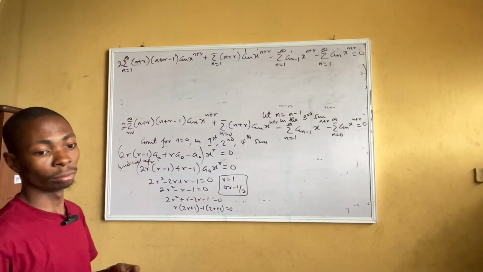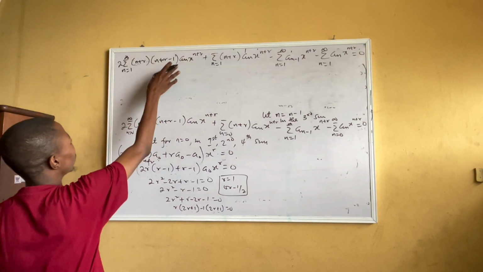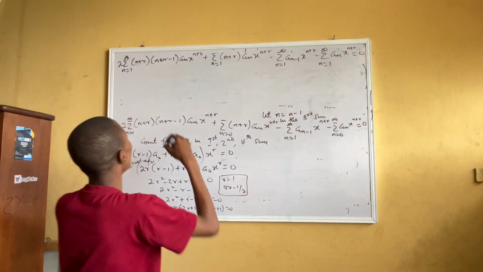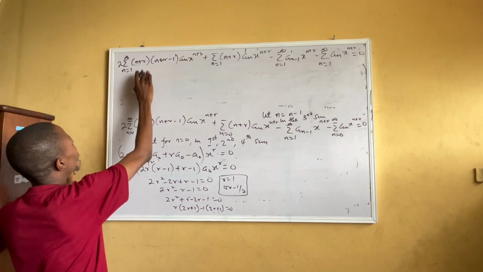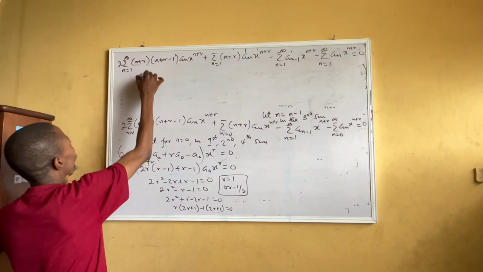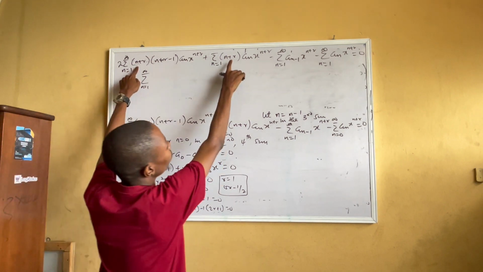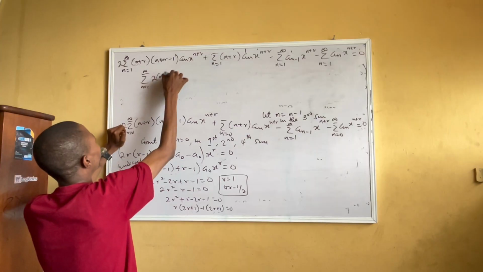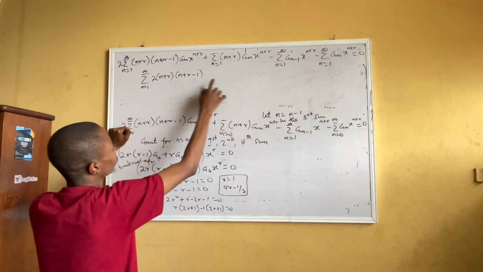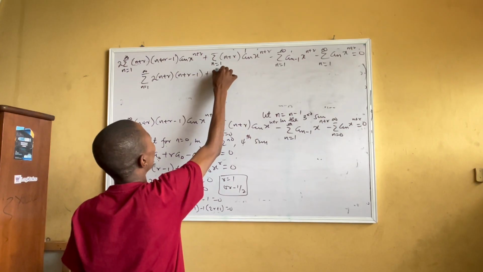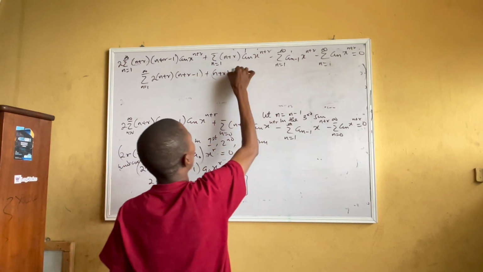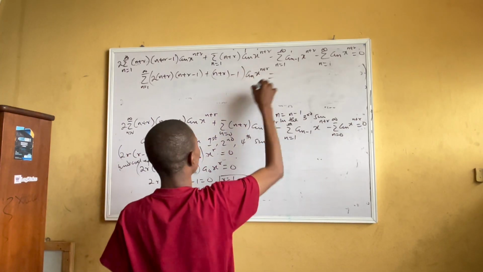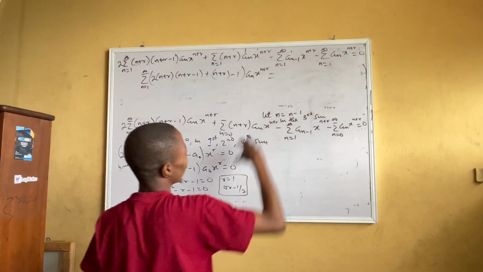So factorize and get your recurrence relation. If you factorize the a_n parts, I'm going to have summation n from 1 to infinity of [2(n plus r)(n plus r minus 1) plus (n plus r) minus 1] a_n x^(n plus r) equals the one with a_(n minus 1).